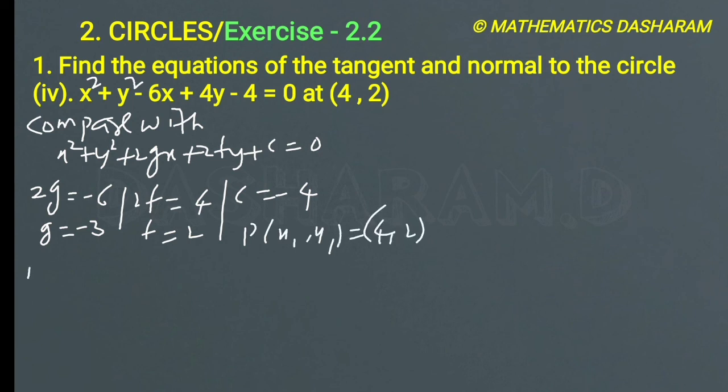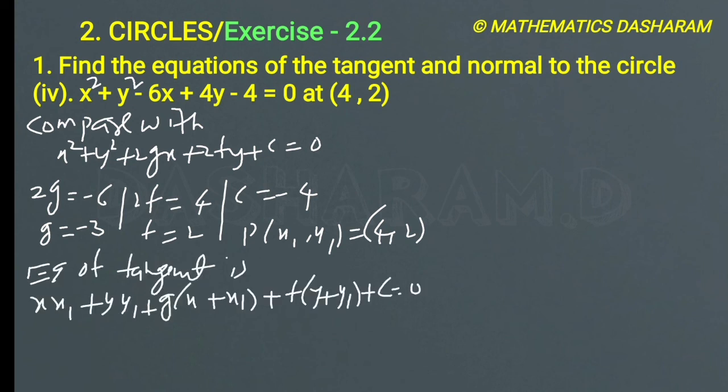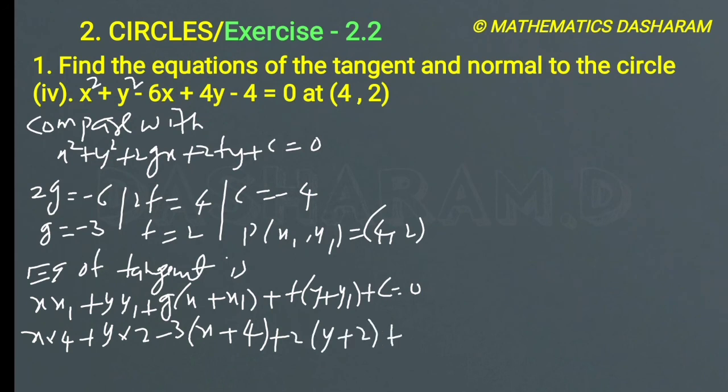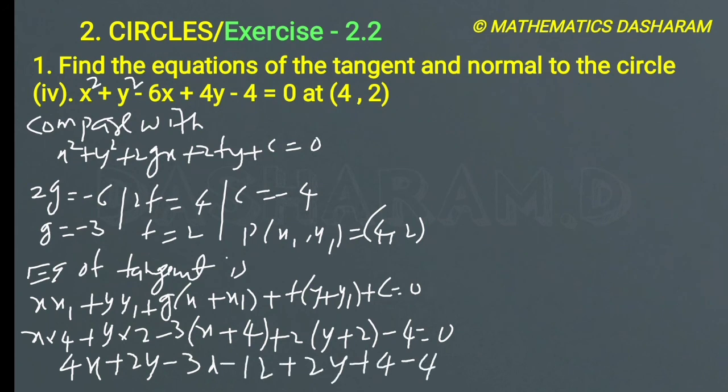Then the equation of a tangent formula: x into x1 is 4x, plus y into y1, y1 is 2, plus the g value -3 into (x + x1, that is 4), plus the f value 2 into (y + y1, that is 2), plus the constant c, that is -4, equals 0. x into 4 is 4x, plus 2y, minus 3x, minus 3 into 4 is -12, 2 into y is 2y, 2 twos are 4, -4 equals 0.